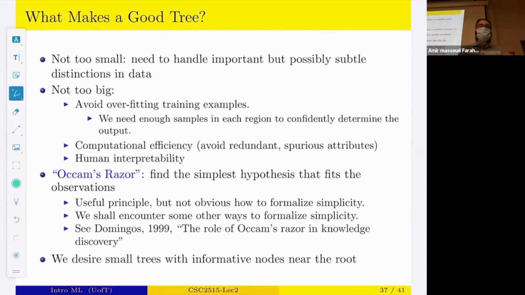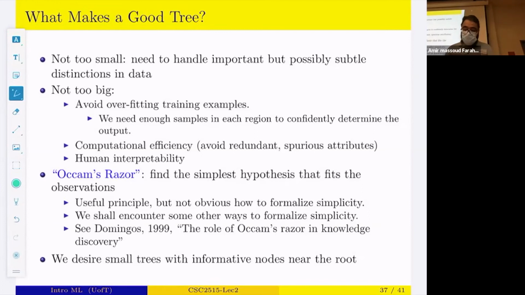It shouldn't be too small, because it may not give a good distinction or a good classification error on the training set, and it wouldn't generalize well to the real case. On the extreme, suppose you only have a root without any splitting. That's a very small tree, which doesn't have very good classification performance.